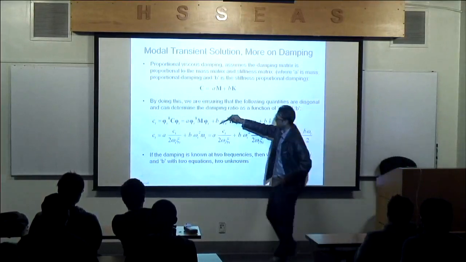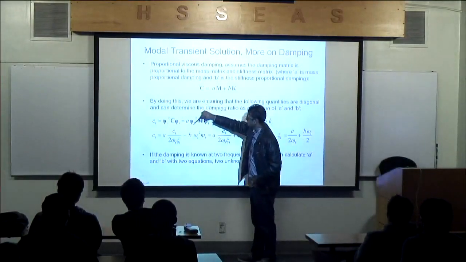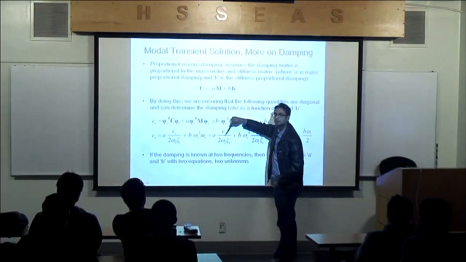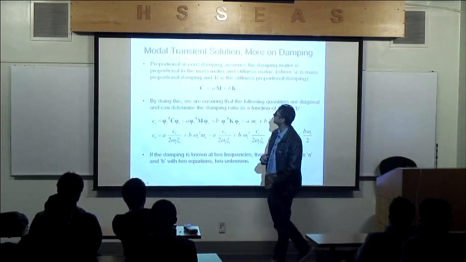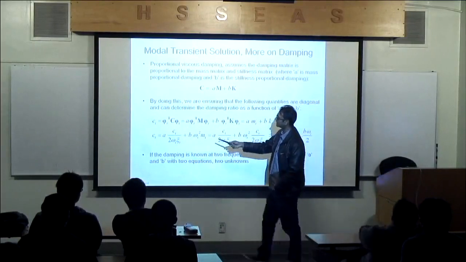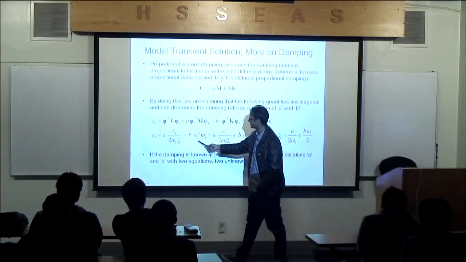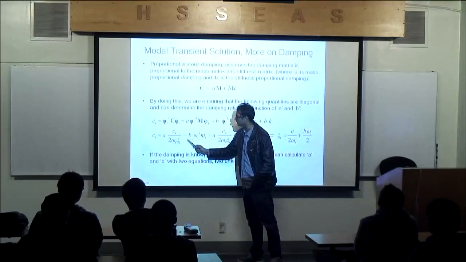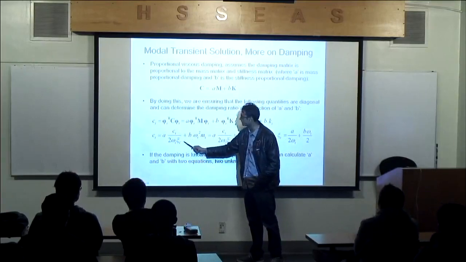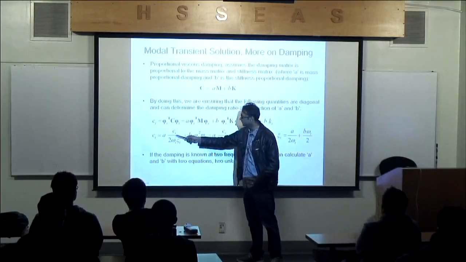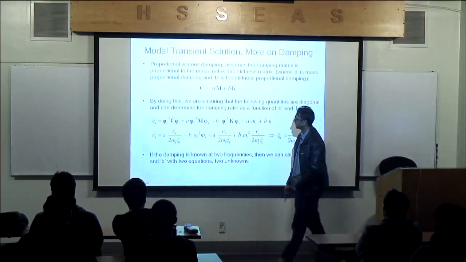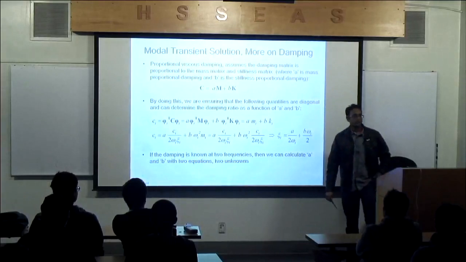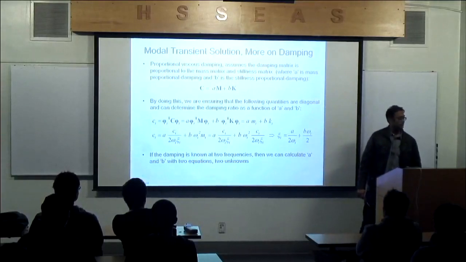Actually I did it here, didn't realize that, but this becomes diagonal. So your C matrix becomes diagonal automatically, okay? And the Ci are given by these constants here. You know A and B, you know the omega, you know the damping ratios, you know the mass for that row. And so now you know Ci, okay? All right, so that's the damping right there.